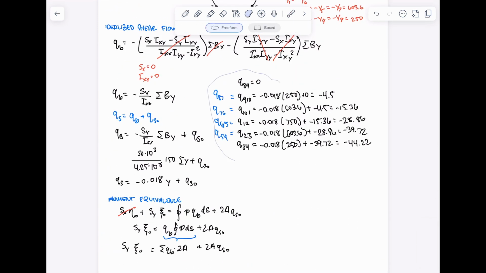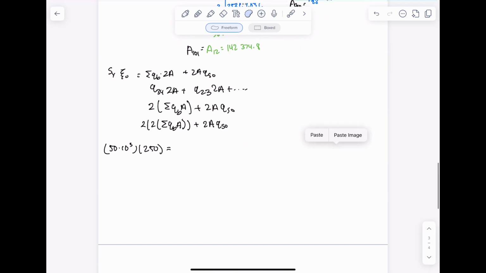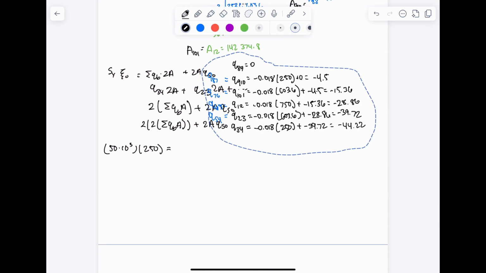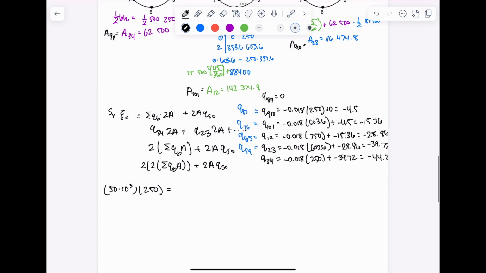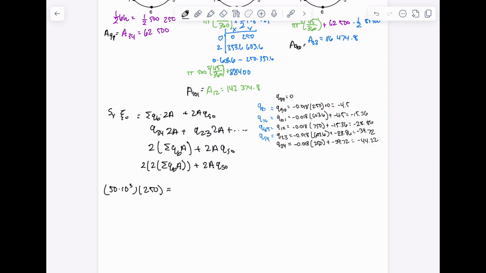Let's bring all this down. Copy. Paste. So shear flow of 3 to 4 is negative 44.22.